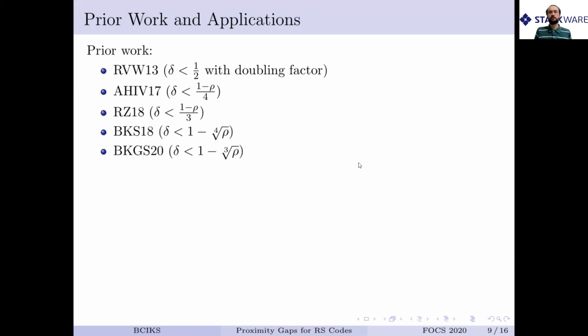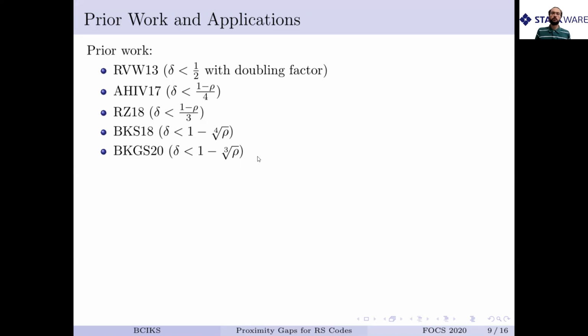In private communication from Roth and Zemmel, in 2018, this 1/2 unique decoding radius improved to 2/3 of the unique decoding radius. And Ben-Sasson, Kopparty, and Saraf in 2018 managed to get delta all the way up to 1 minus the cube root of rho. And later, together with Goldberg in the DEEP-FRI paper from 2020, we managed to improve this to 1 minus the 3/4 power of rho.